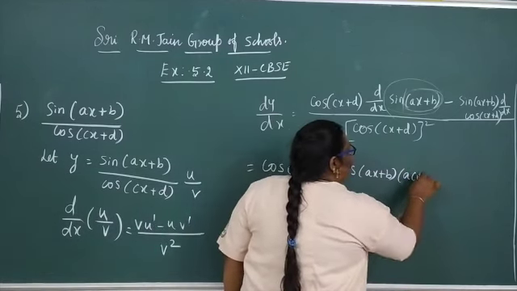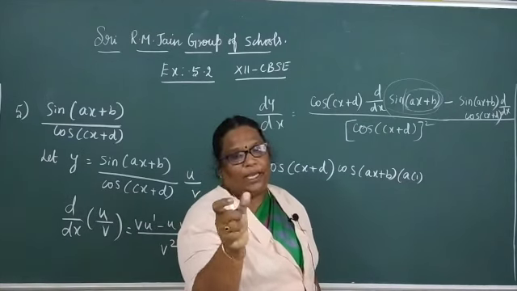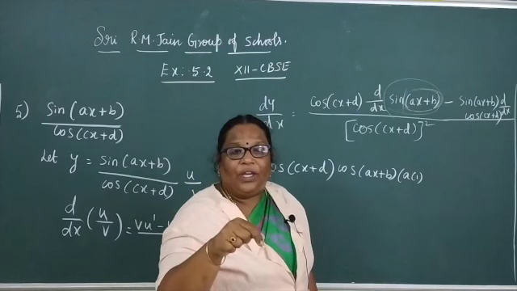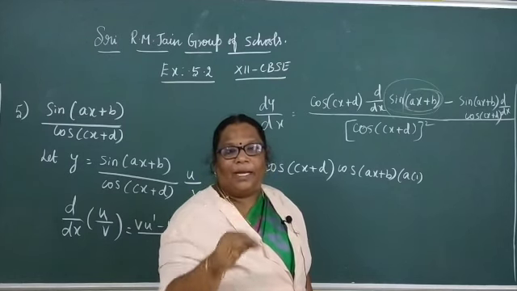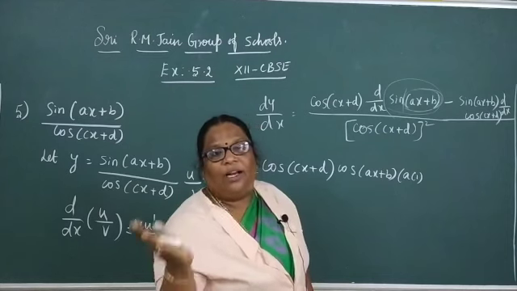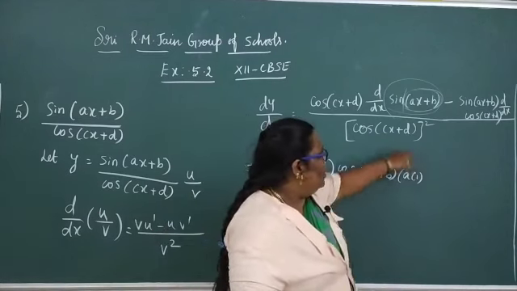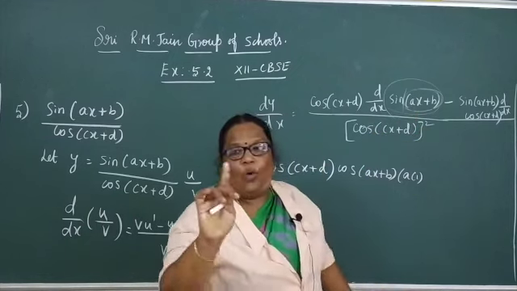The differentiation of ax: a into x becomes a into 1, because it is a multiplication. I told you very clearly, if any constant term is multiplied with x, that constant will come along with the x term. So a into, what is the differentiation of x? 1.